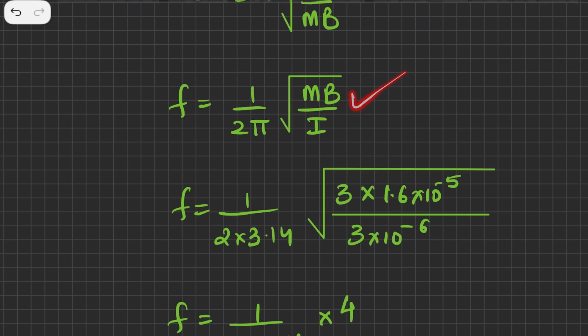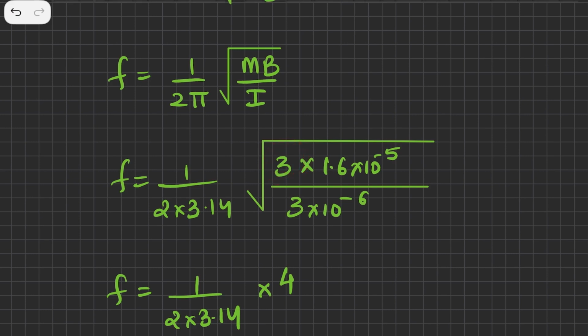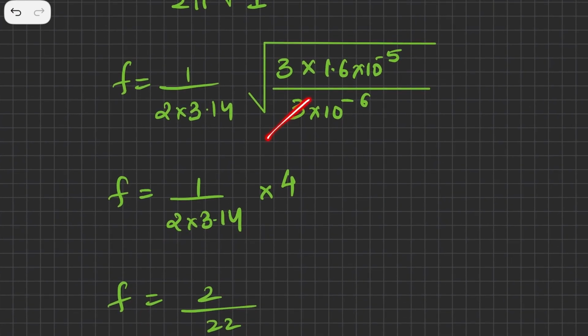Now from here on I'll put all the values. So 1 upon 2 pi, root of magnetic moment given as 3, magnetic field given as 1.6 into 10 raised to minus 5, and moment of inertia given as 3 into 10 raised to minus 6. Now here 3 and 3 will get cancelled, and minus 6 goes up, it will become 10 raised to plus 6, and this 6 and this minus 5 will give me 10 raised to 1.